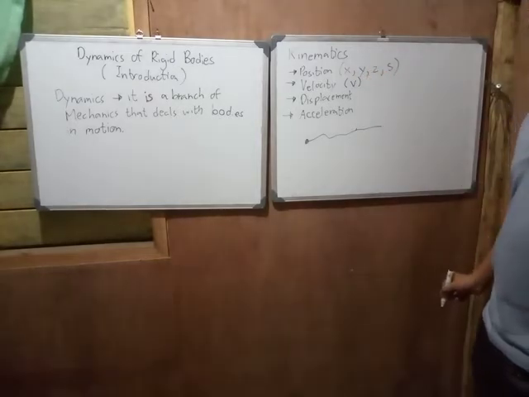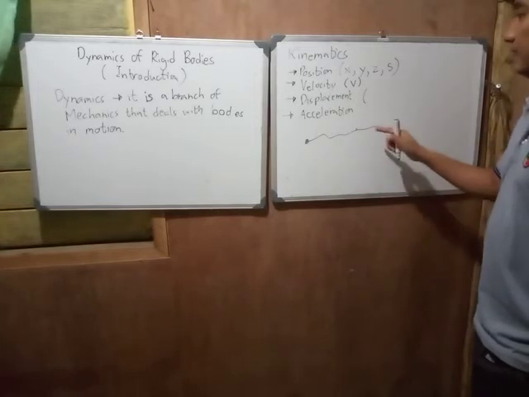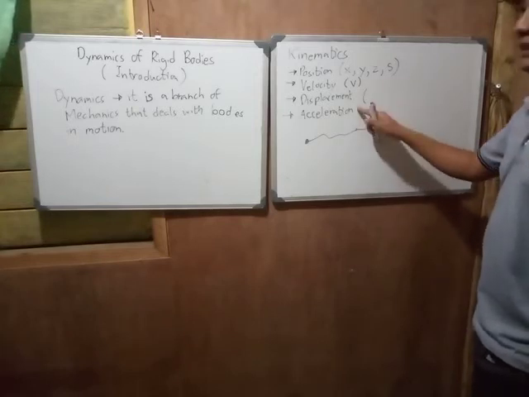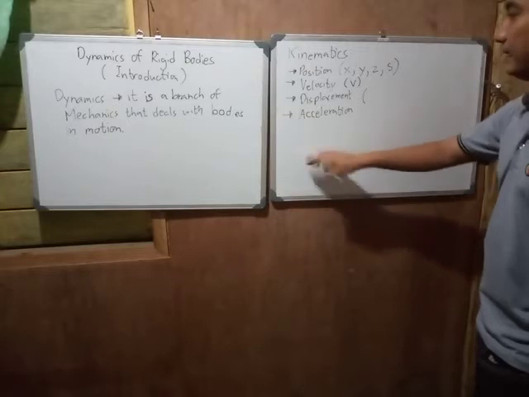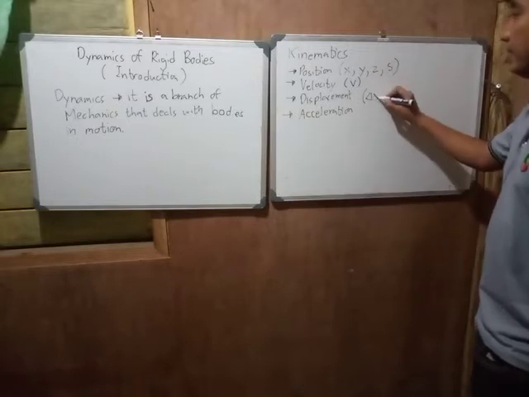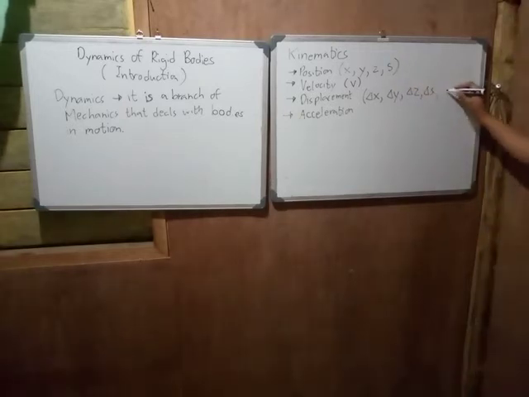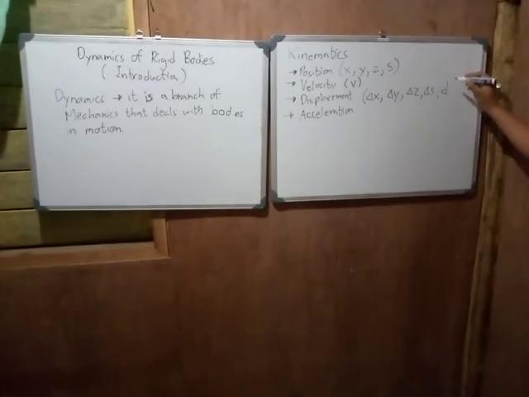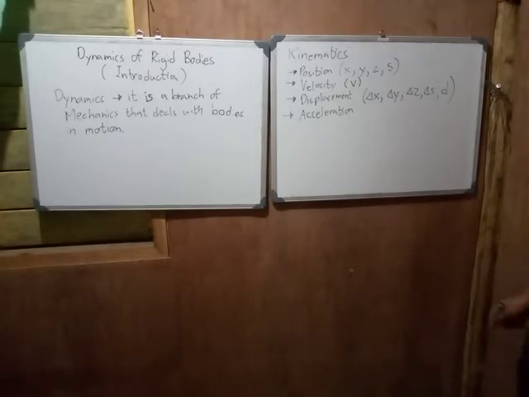As for displacement, since it is the change in position, we can have change of X, change of Y, change of Z, change of S. You can also just say distance, letter D. Those are what we can name the displacement.